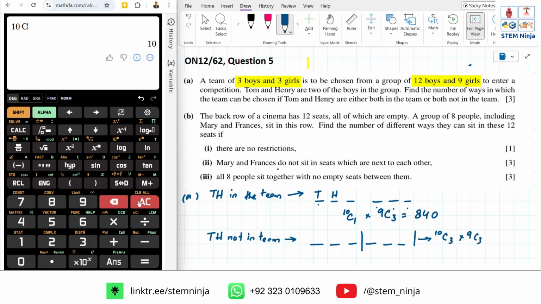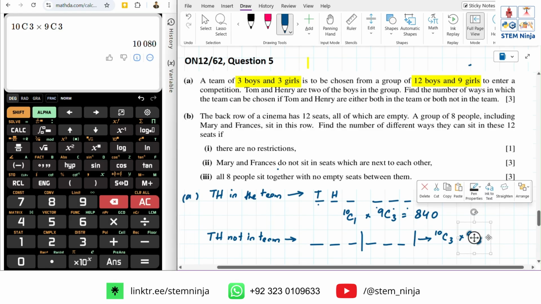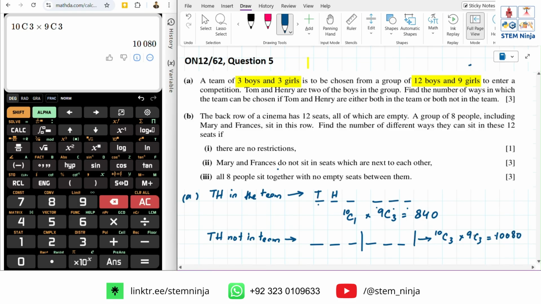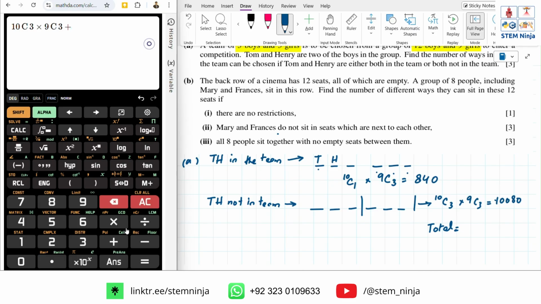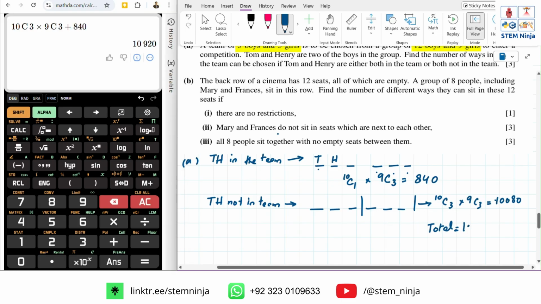So you have 10C3 times 9C3. Now the total would be simply the sum of these. So it's 840 plus this, which would be 10920.